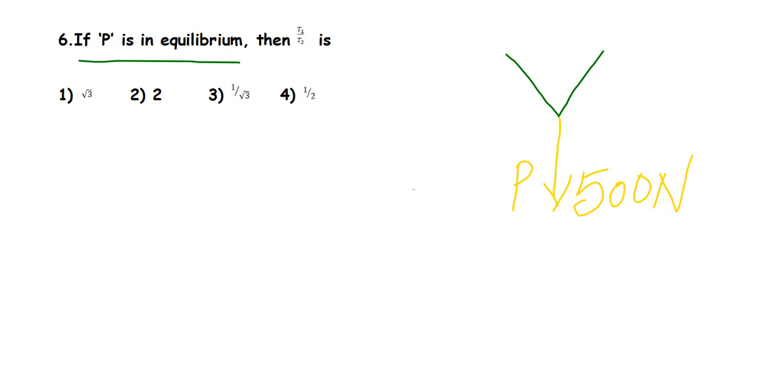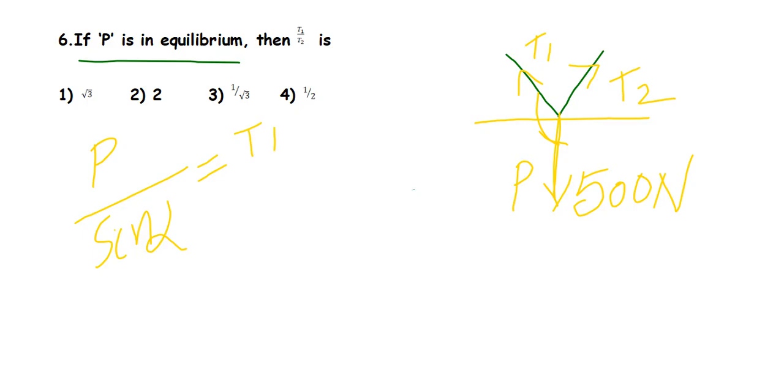Then the ratio of one force to the sine of the angle between the remaining two forces is constant. This is Lami's theorem.